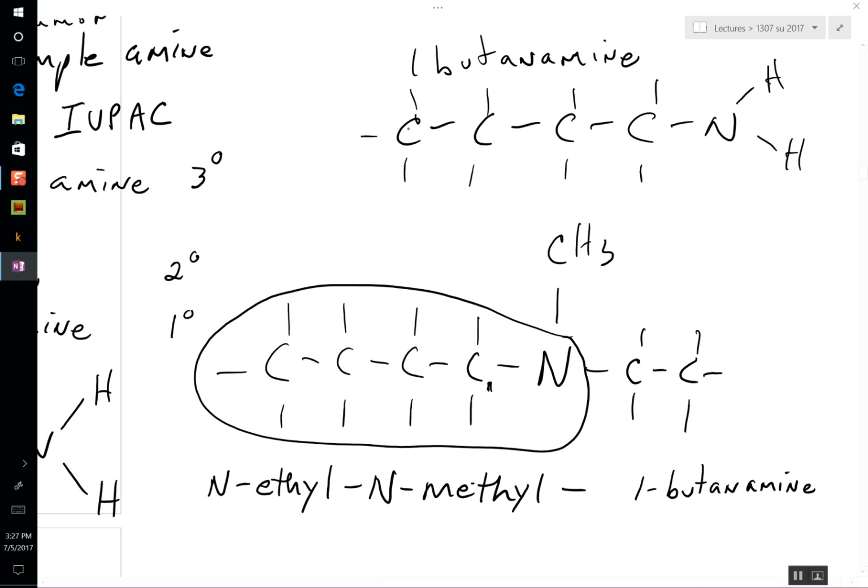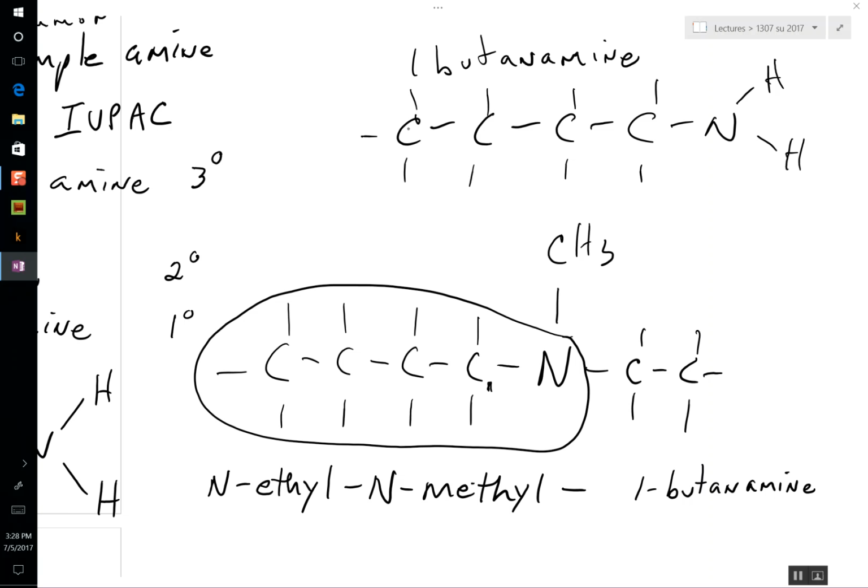It's a 4-carbon chain with a nitrogen at the end. What have I mentioned? Only a butane, nothing else. So the amine group on the end is truly an NH2 group, just a simple amine. But in this case, my amine has a methyl and an ethyl group on it. So I'm not using numbers here, because numbers are only for the carbons. But I'm using the N to tell me where that methyl group is. It's on the nitrogen.